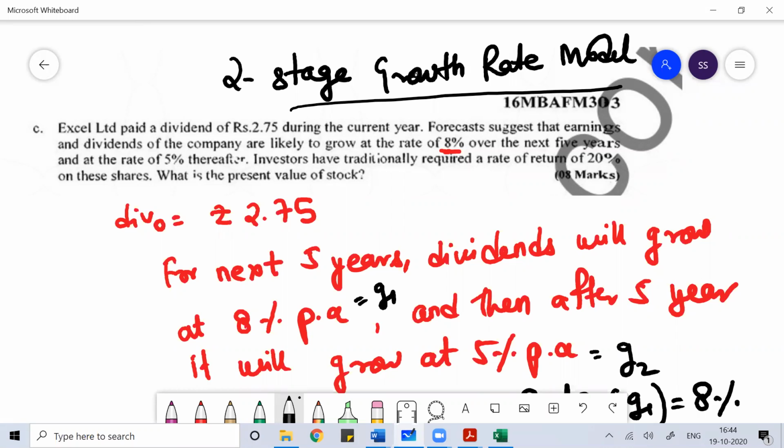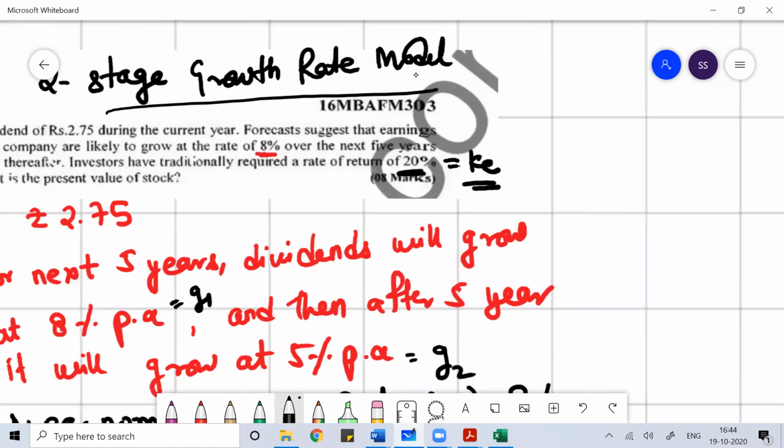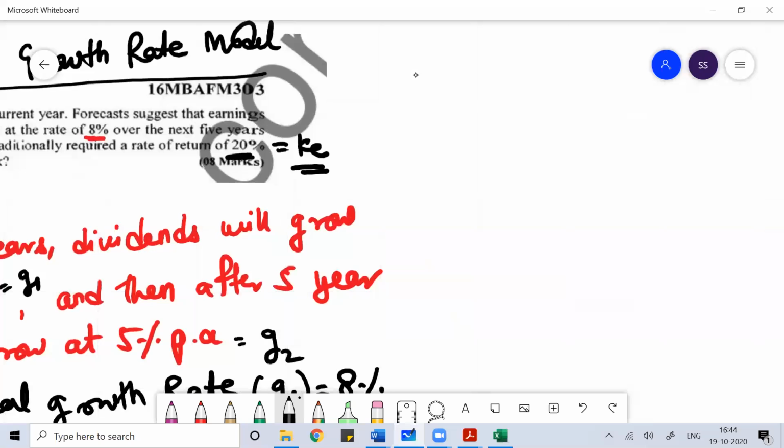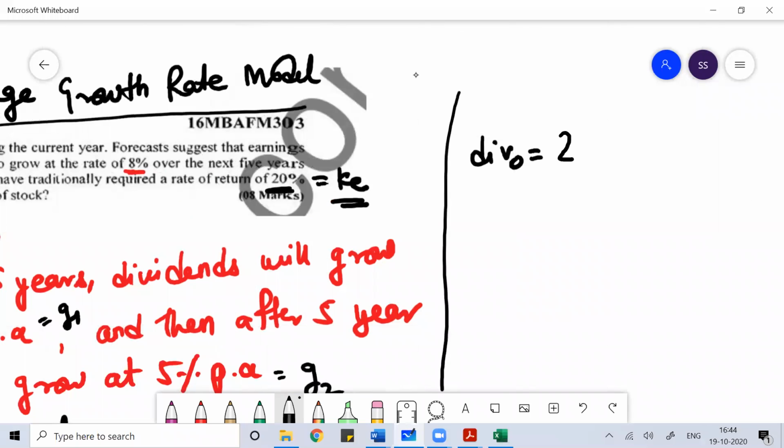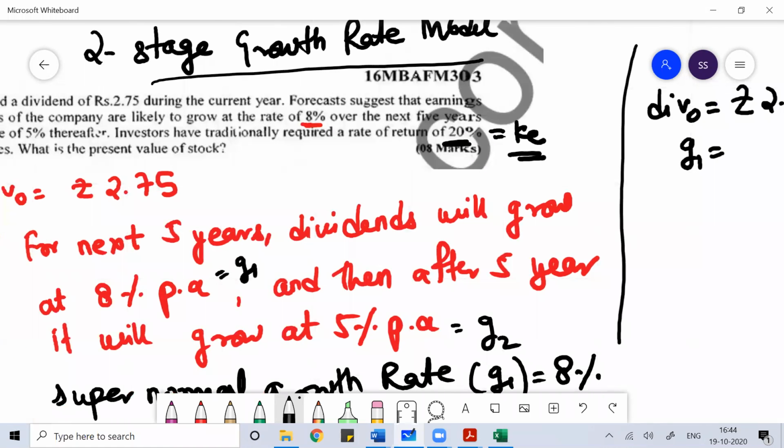Here the cost of equity, the required rate of return that we call the cost of equity, is 20%. In this question, the current dividend is 2.75. The supernormal growth rate is 8%.